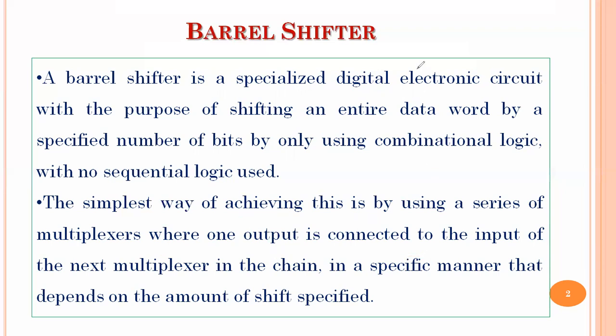How much shifting is needed will be specified. The number of multiplexers we use decides how many bits will be shifted, either left or right.